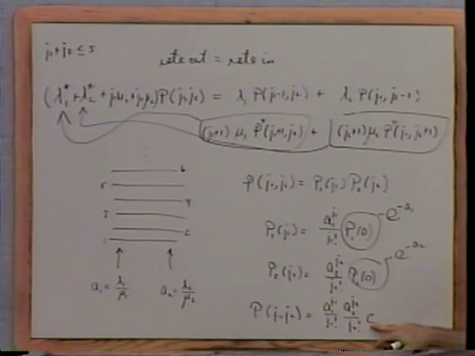Now, the normalizing constant is going to be different because, for one thing, I have a finite number of states, so this C would be whatever it is, so that if I add up all terms of this form, then C would be the reciprocal of the sum of all terms of that form. So C is just the number that now makes everything add up to 1. So it's a different C. So the numerical values of the probabilities are going to be different, but the formula is going to be the same.